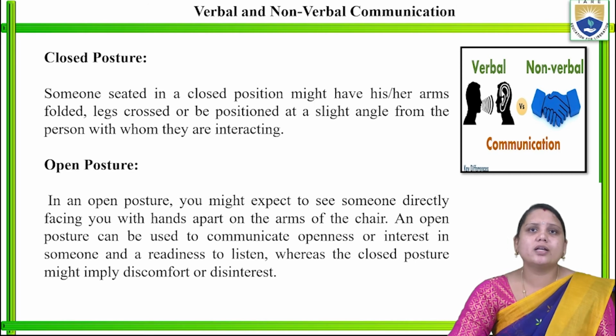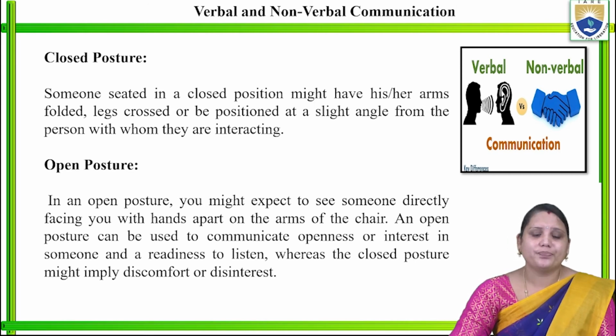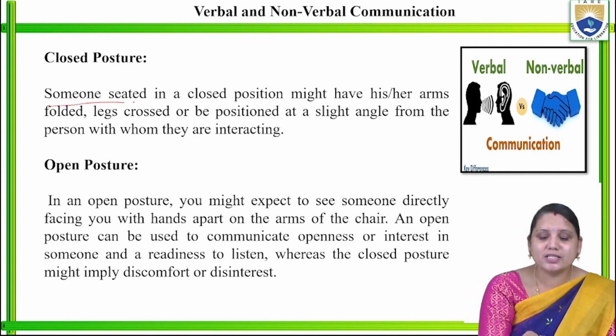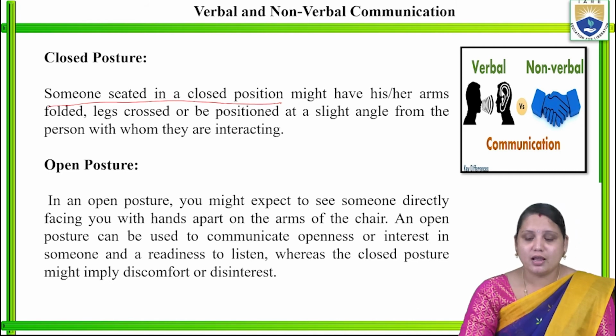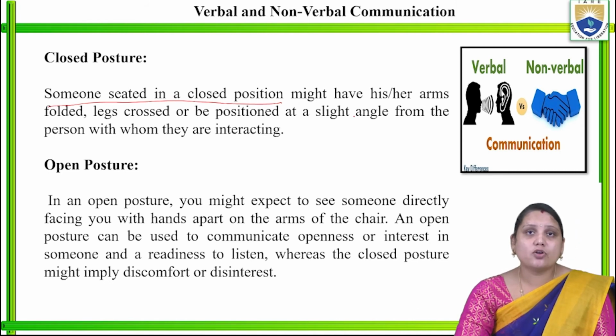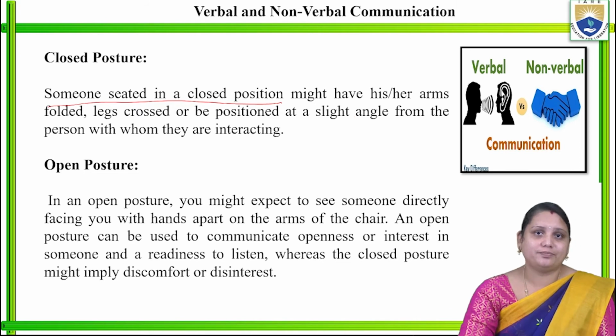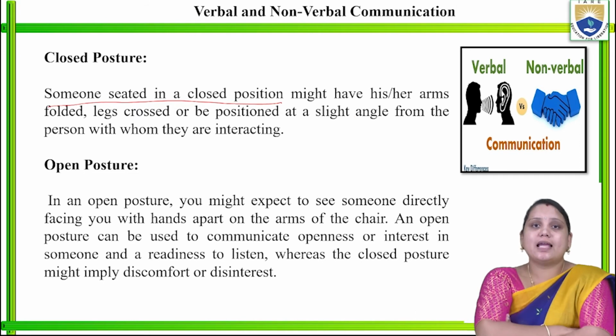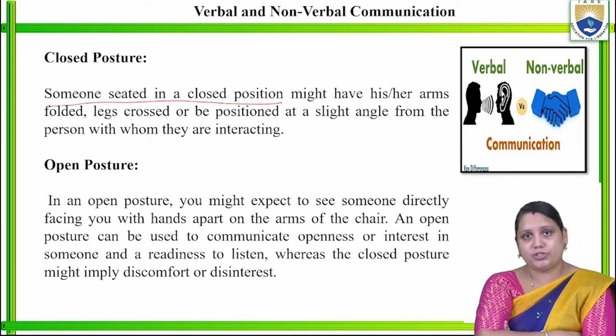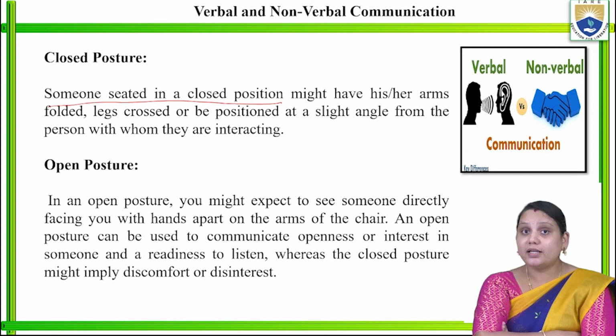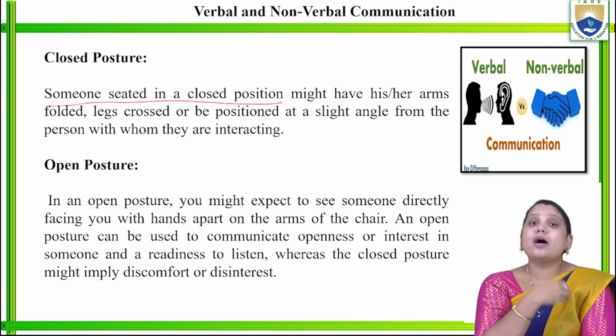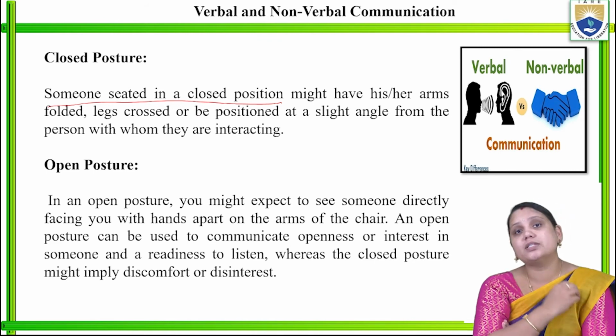Now let us try to understand what is a closed posture. Closed posture, someone seated in a closed position might have his or her arms folded like this. If you are sitting like this, it is the closed posture. That is, you are attentive, active, or you are trying to make yourself look appealing and pleasing towards the other person.